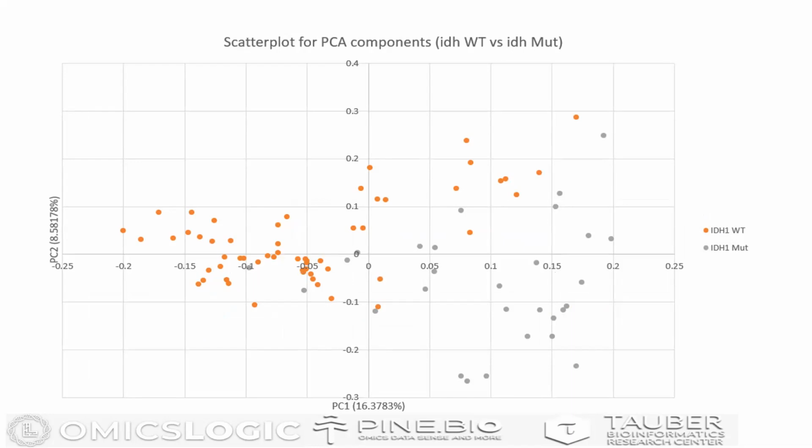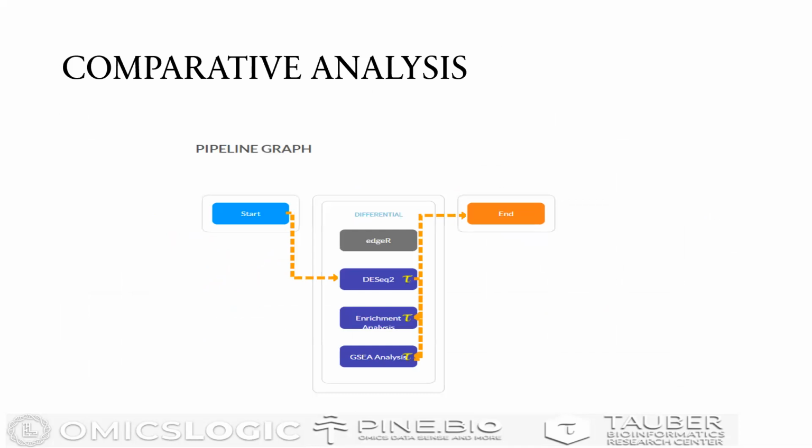But again, I was unable to get a clear idea about the clusters and the outliers. So I performed comparative analysis on two groups with the help of the pipeline as shown. This pipeline consists of DESeq2, enrichment analysis and GSEA analysis. With the help of this analysis, I obtained information about significant differentially expressed genes, gene ontology, and KEGG pathways.